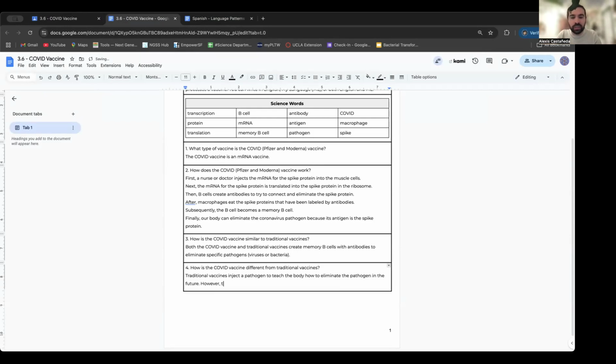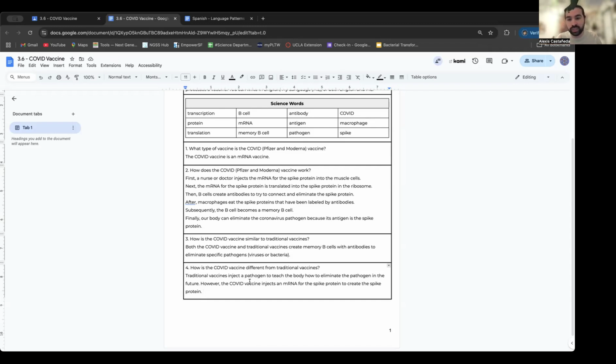However, the COVID vaccine injects an mRNA for the spike protein to create the spike protein. So in this case, we are not injecting a pathogen. There's no risk of this pathogen getting you sick when you're vaccinated, because there's no pathogen in there actually.